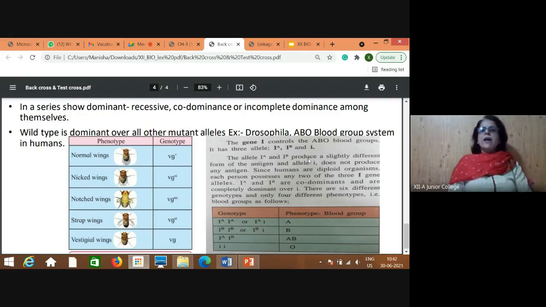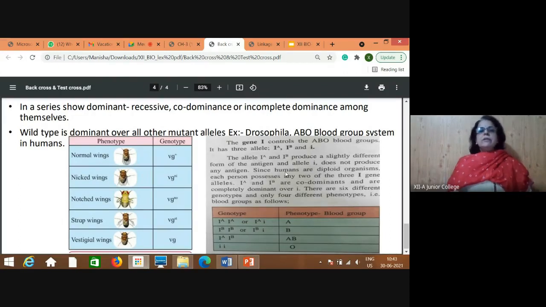Now the second example, which everybody knows, is the ABO blood system in humans. ABO blood system means what? In human beings there are basically four types of blood groups, that is A, B, AB and O. But for these four blood groups there are not only four genotypes but more: six genotypes are observed.